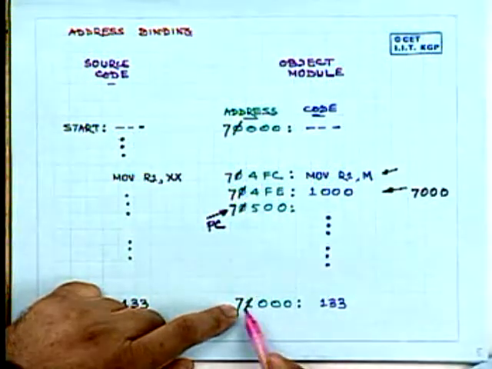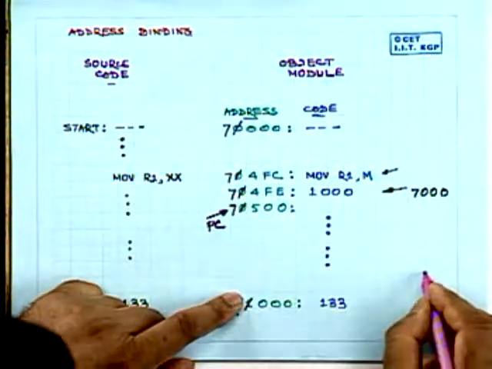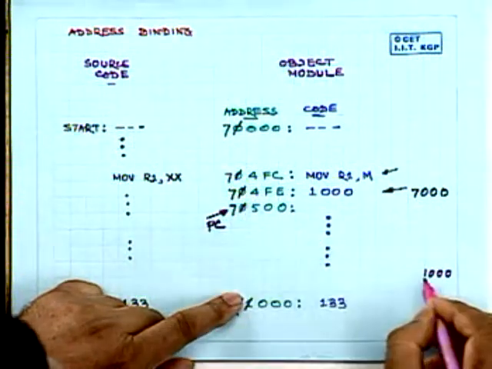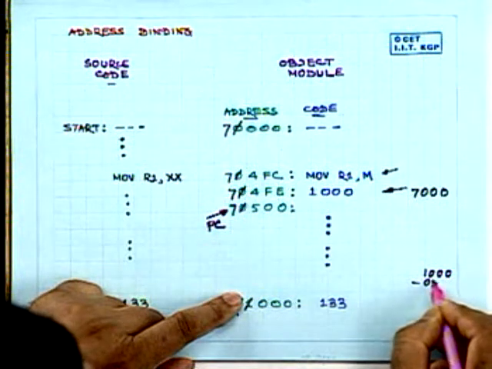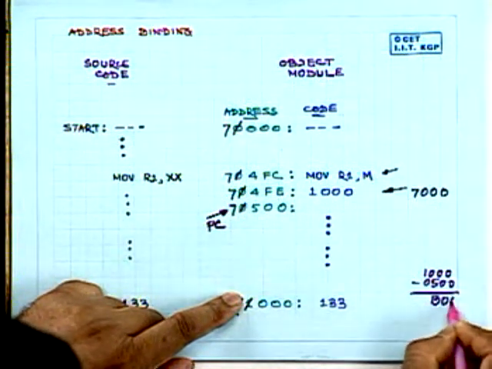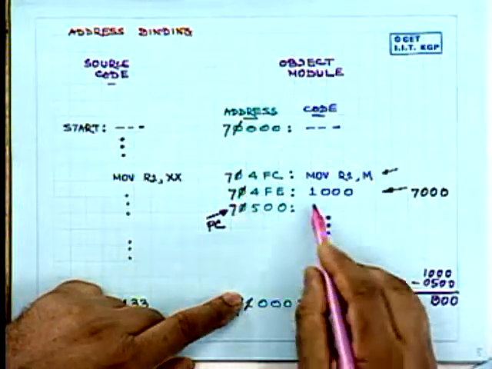So originally 1000 minus 0500, which is 0B00, is the displacement.